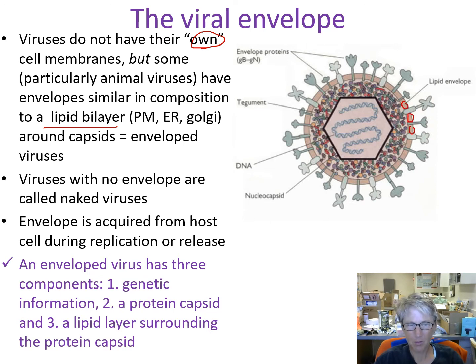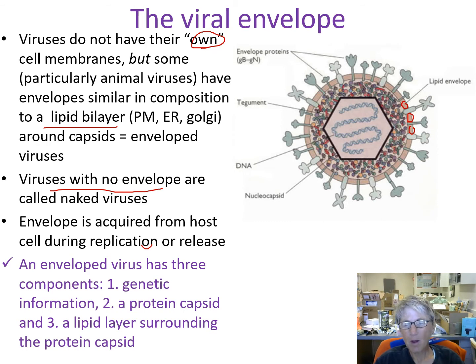That means it's a phospholipid bilayer. And we've said this before, viruses, if they don't have an envelope, they're naked. And the envelope of the virus is acquired from the host cell when the virus is replicating, or as the virus leaves the host cell, it will take some of that phospholipid bilayer with it and make a nice envelope for itself.